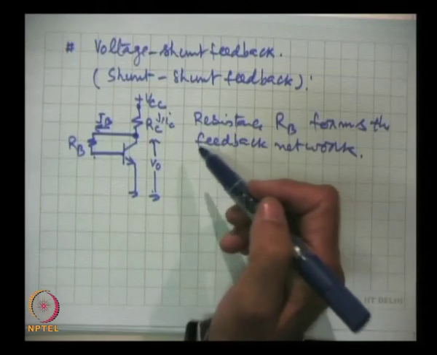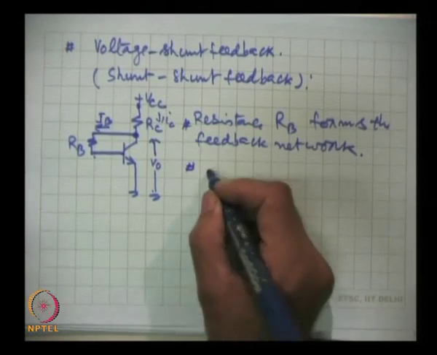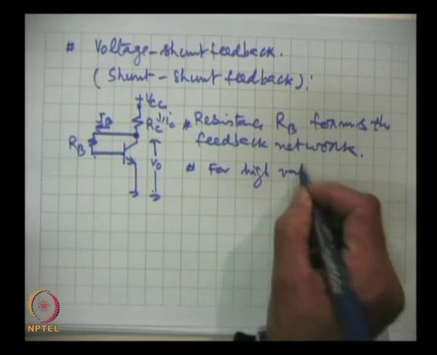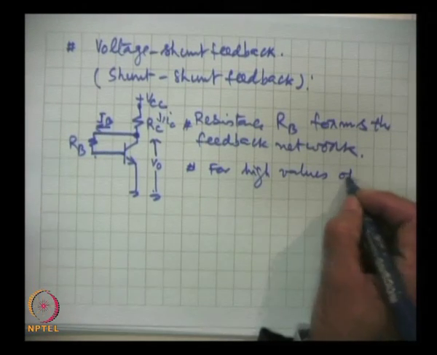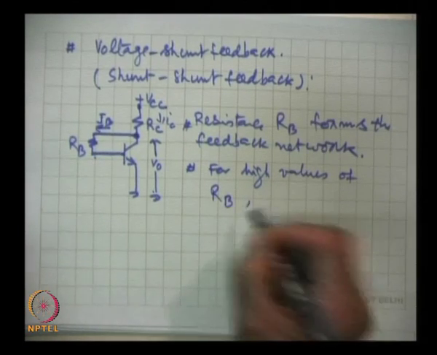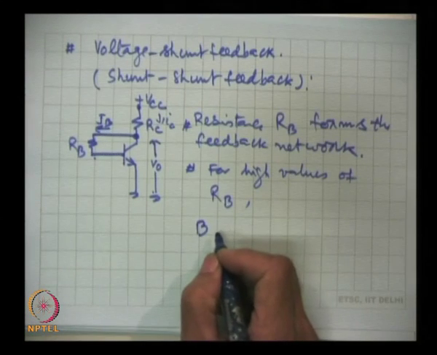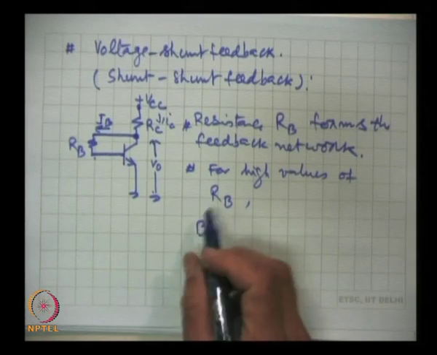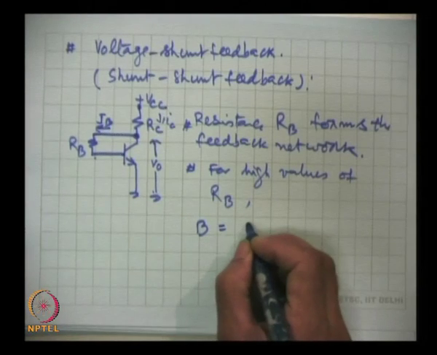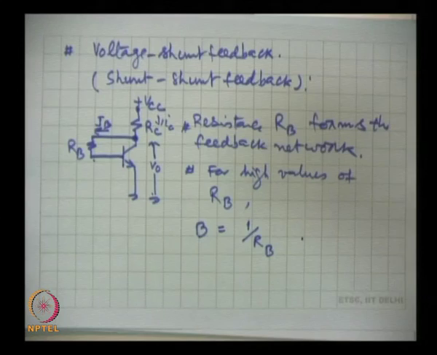This we have discussed. And for high values of resistance RB, the feedback factor B is equal to 1 by RB.